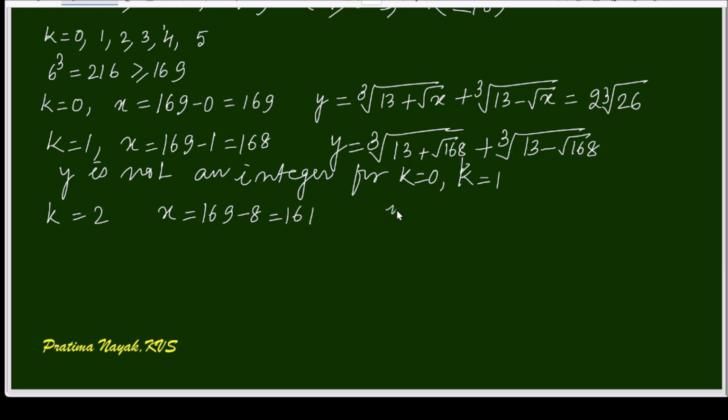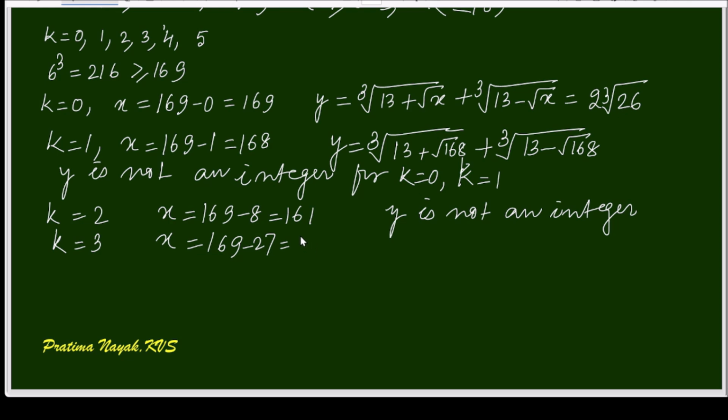So that time y is not an integer. k equals 3, x equals 169 minus 27 is equal to 142. y is not an integer.